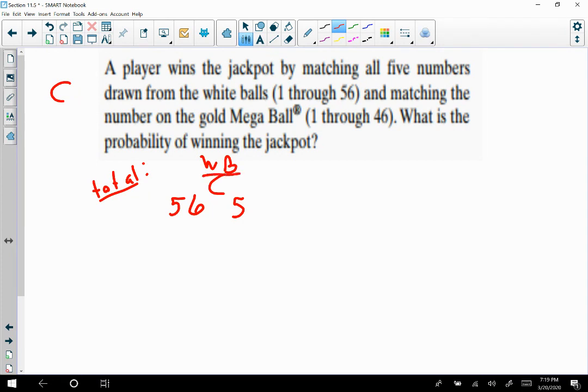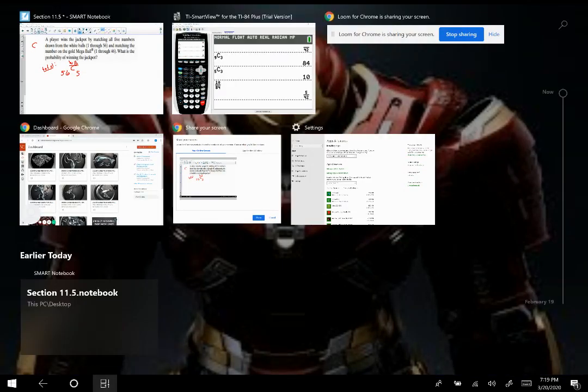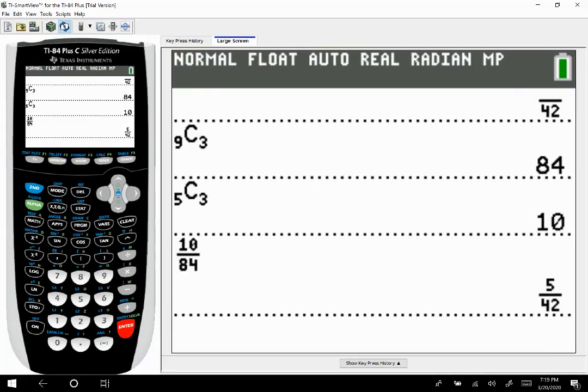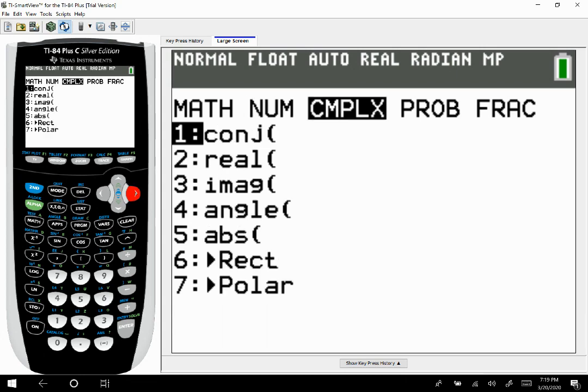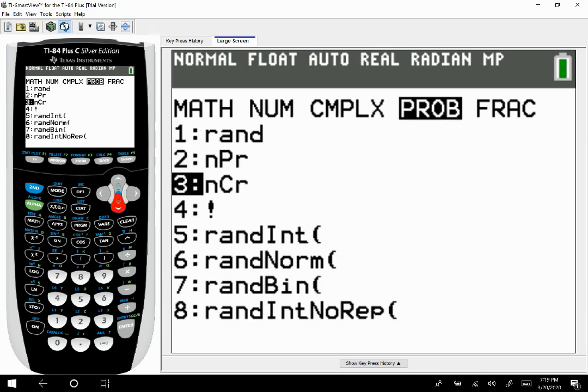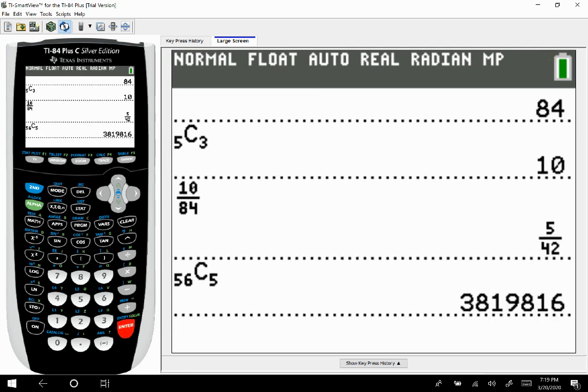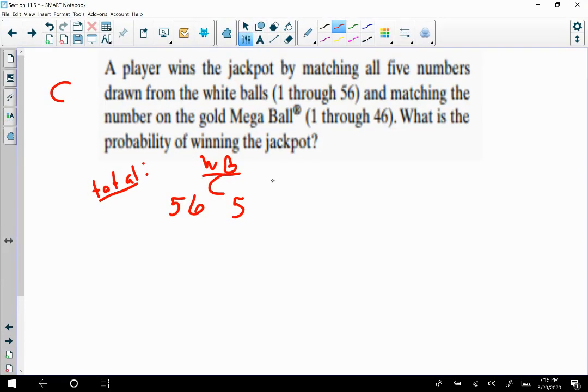So we go to our calculator, and this number is going to get high, guys. This is a large number, no way around it. So we got 56, math, choose 5. You get 3,819,816. That's how many ways we can choose 5 numbers from 56.